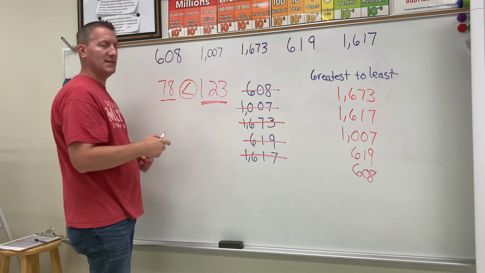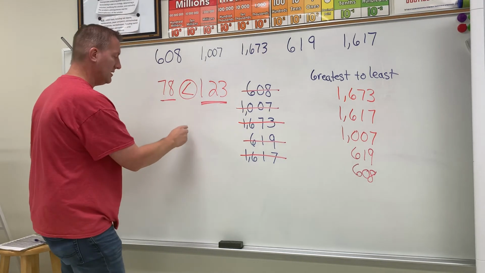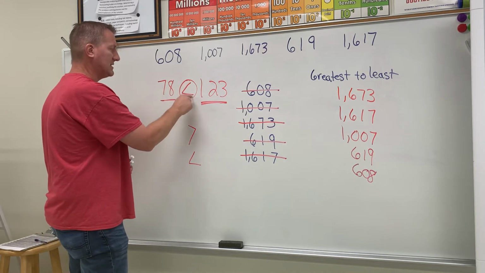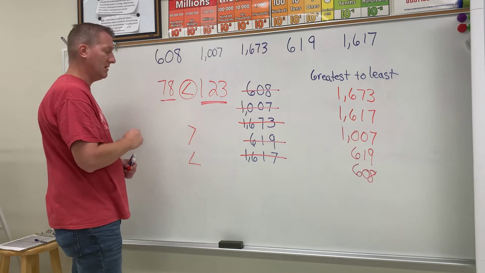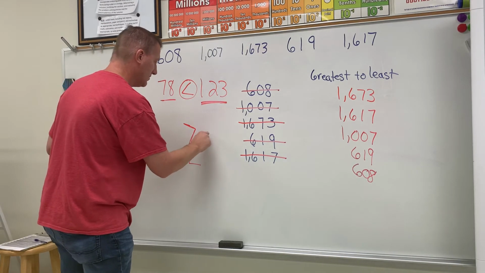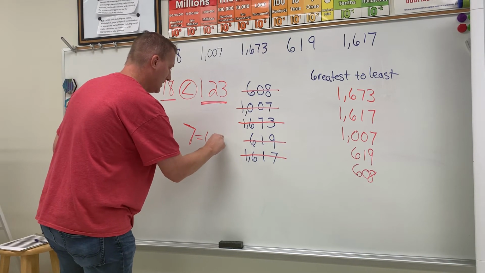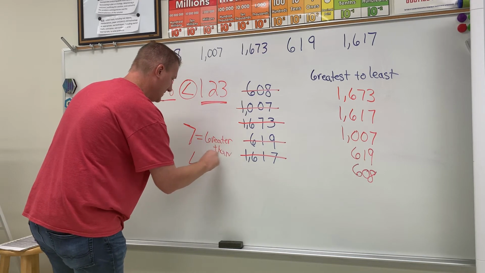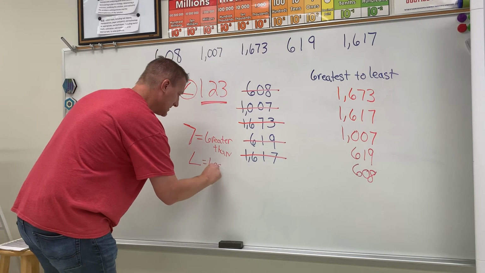Just remember, this sign is a greater than or a less than symbol. So here it's actually a less than symbol. Here it's a greater than symbol. So this is greater than. This is less than.